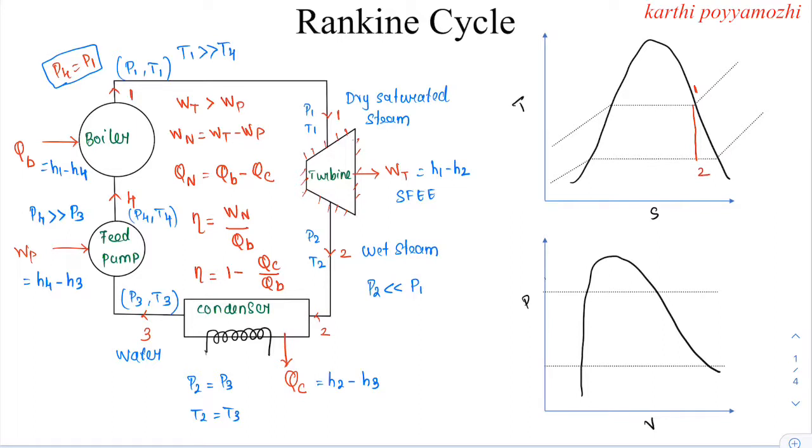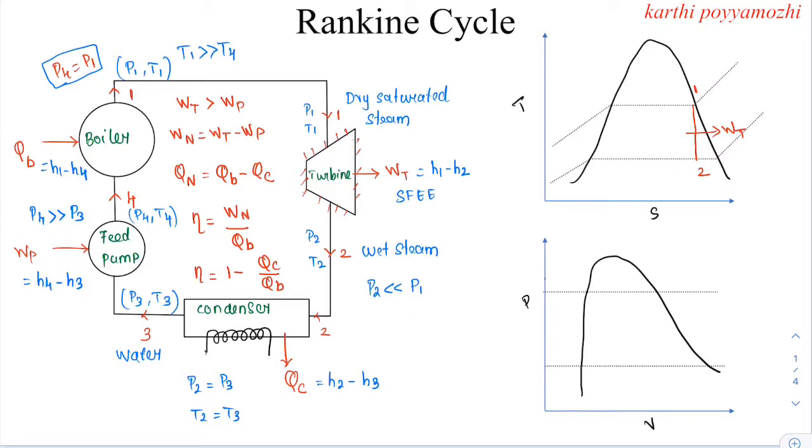where work is done by the system, and from 2 to 3, the pressure remains constant. That is, heat is being rejected at constant pressure and temperature. That is, the temperature and pressure of the system remain constant, whereas heat is being rejected from the system, which is the condensation process, and QC is nothing but the latent heat of steam which is taken away from this condenser.